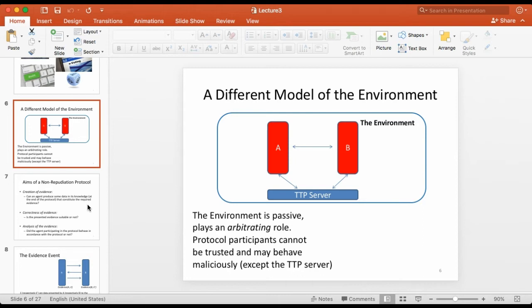In fact, in this case, it is more the participants in the protocol who are not trusting each other. So the agents A and B communicating with each other are essentially non-trusting of each other, compared to the previous setup where they were assumed to be honest entities following the steps of the protocol as required.